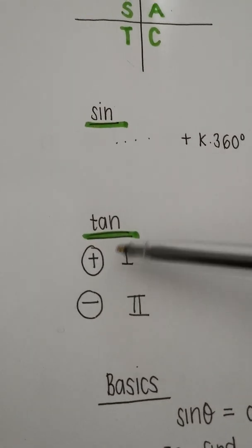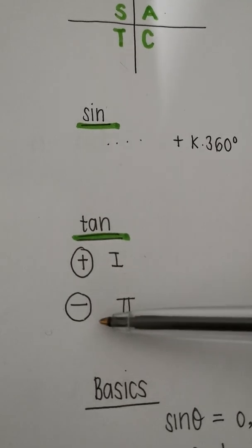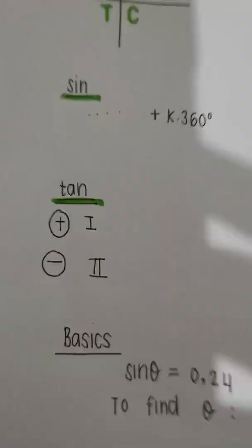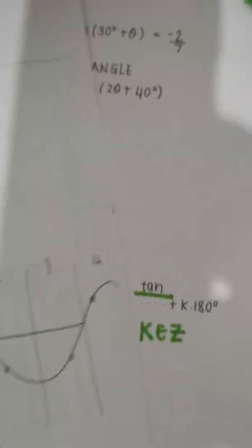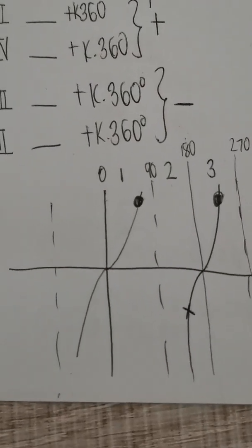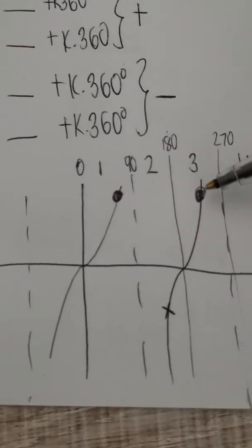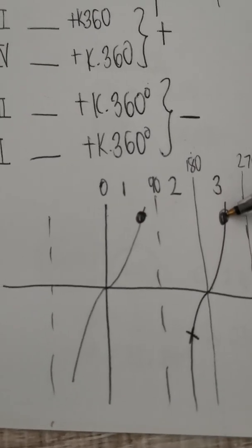Okay, I wrote here that for tan, if it's positive, we only have to consider the first quadrant, and if it's negative, we only have to consider the second quadrant. And you can actually calculate that if you want. I'm coming back to that in a second, right? What's happening over here, because of the 180 degrees, the solution is basically repeating itself exactly the same way in the third quadrant.